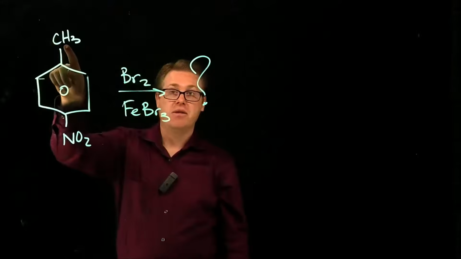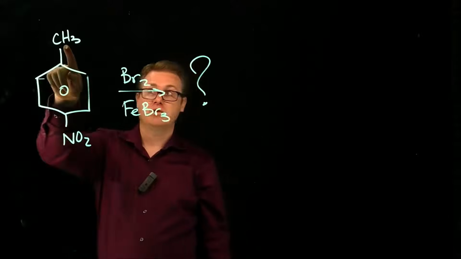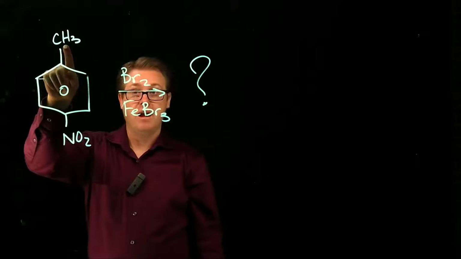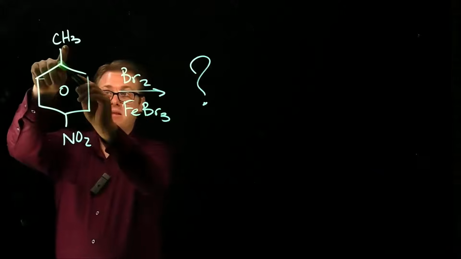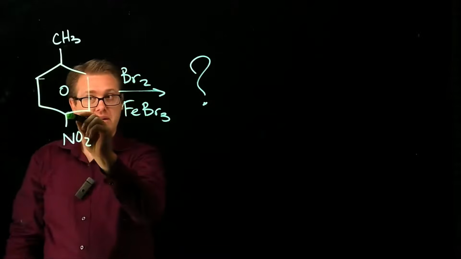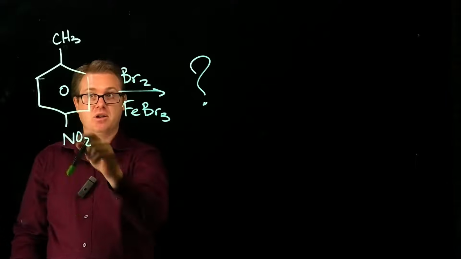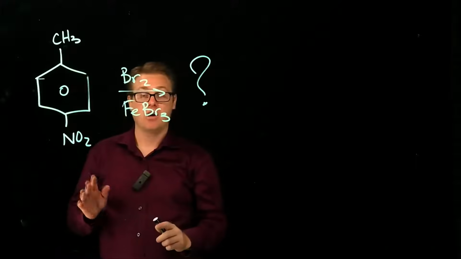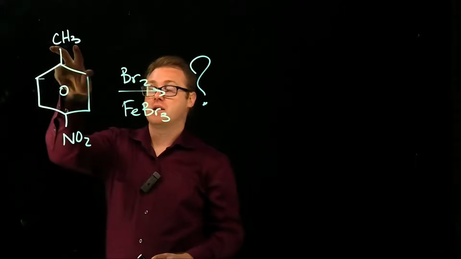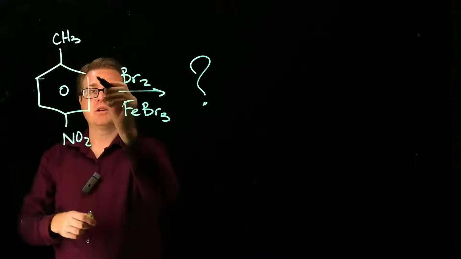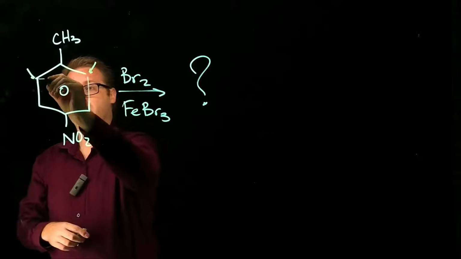So we see an alkyl group. So that's going to direct as an ortho-para. But when you look at the para position right here, it's already taken up. So the only options that we have are ortho.